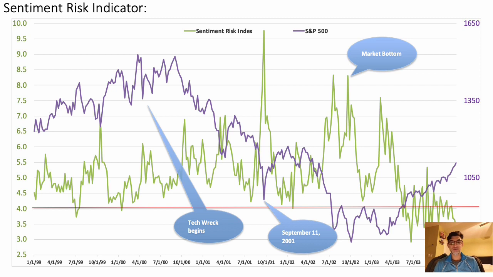What it's showing you is the indicator in green versus the S&P in purple. And you can see when the indicator is bearish, the market's topping. So you saw that in 99. And then again, you saw that this indicator detected the huge historical market top of the bubble in January of 2000. That was only 2 months before the actual top. So that was pretty good.